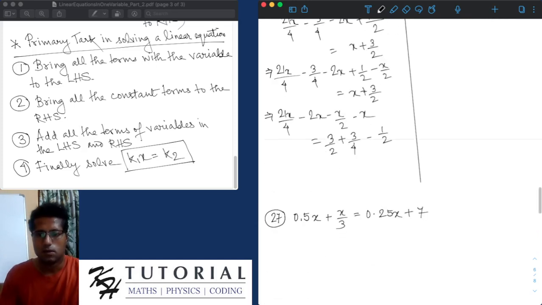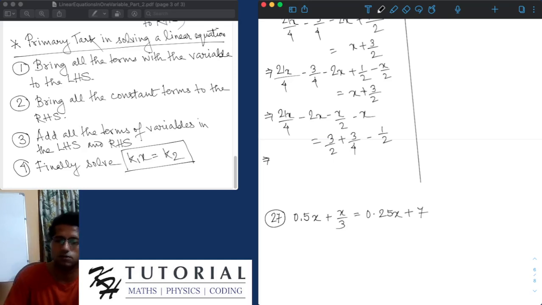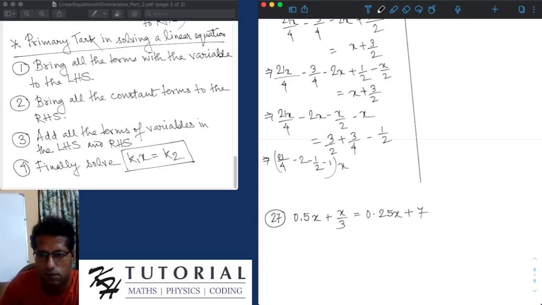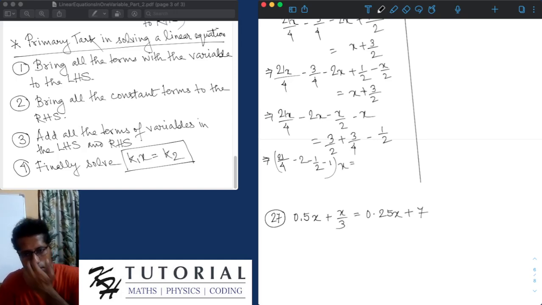Okay, now I will have to add up all the x terms in the LHS and add up all the constant terms in the RHS. So this becomes 21 by 4 minus 2 minus half minus 1 x equals 3 by 2 plus 3 by 4 minus half.